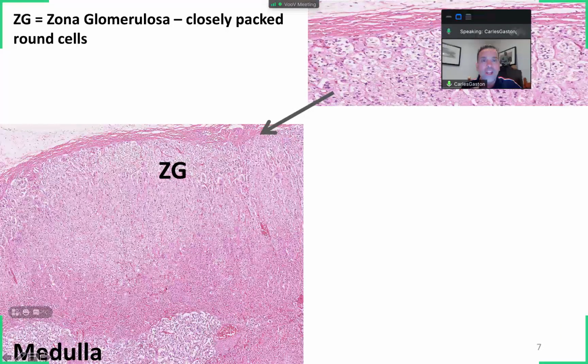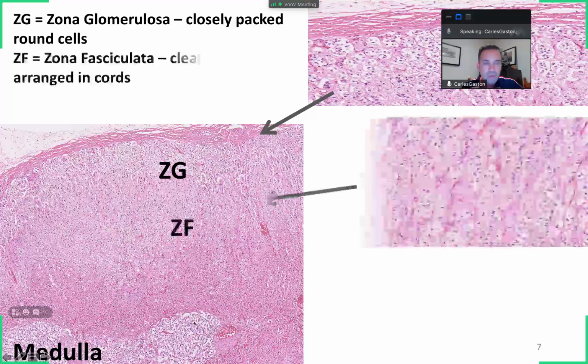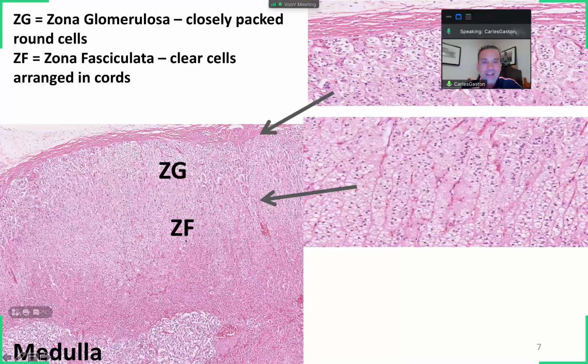So we can look here at higher magnification, how you can see it in the microscope. The zona glomerulosa, you can see glomeruli form. Fasciculata, remember, it forms columns like this, cells arranged in columns.